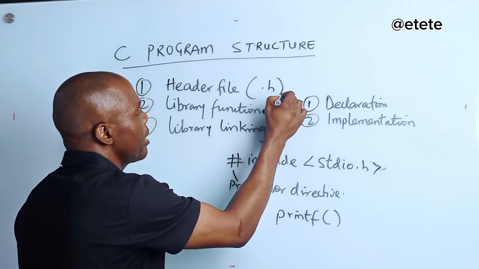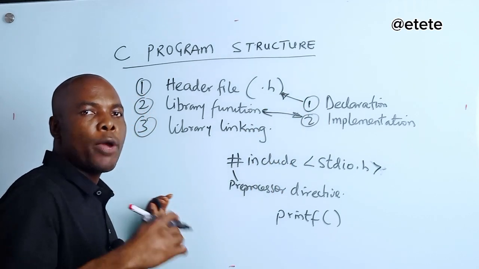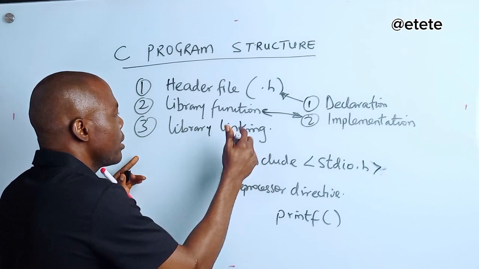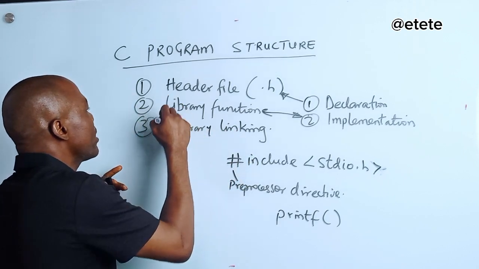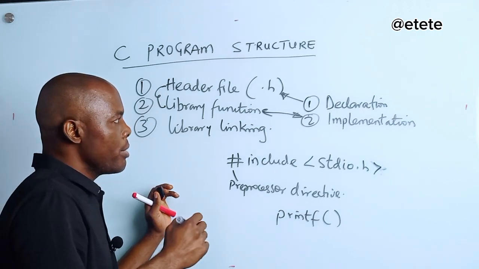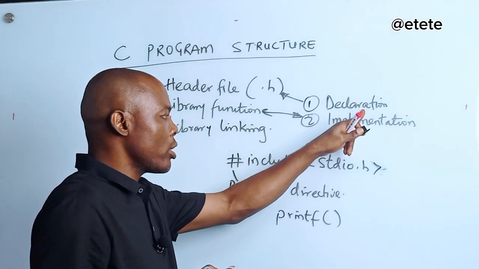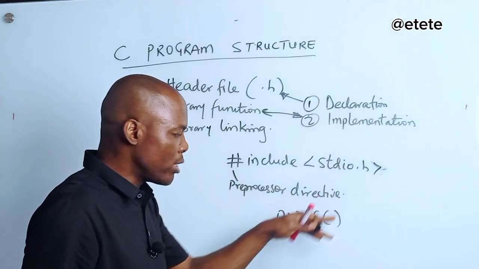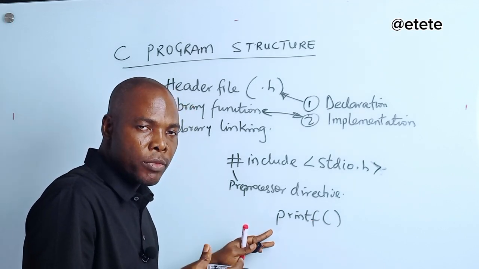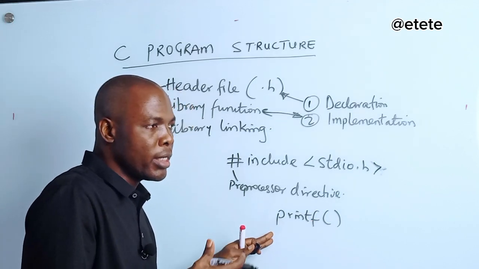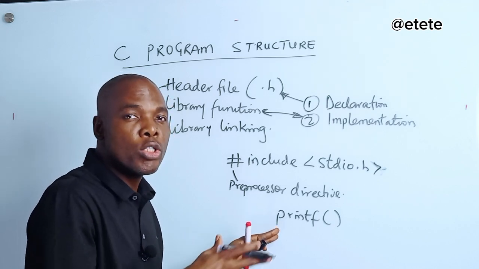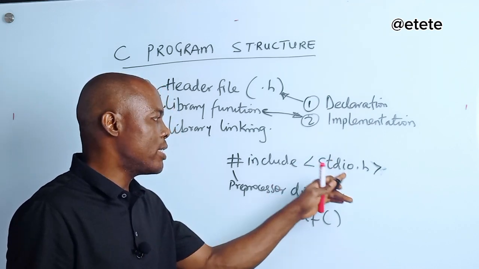Now, when the program starts to process, at that point, this linking will link this and this together. Meaning, the declaration, which is in the header file, this printf, the declaration of the macro, the declaration of the data type, all the things you will need to do your job, you can find in the header file.